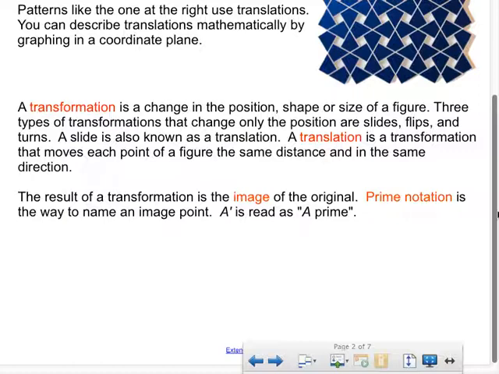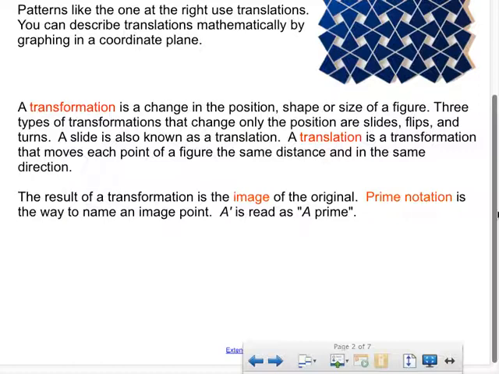So once we've performed a transformation, the result we call the image of the original. Understand? Okay. Something else, if we're talking about a point, so the result of a transformation is the image of the original, and then prime notation is the way to name an image point.